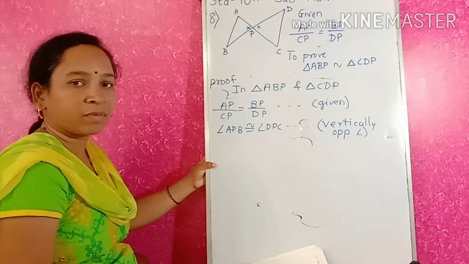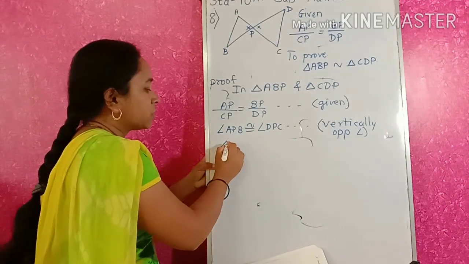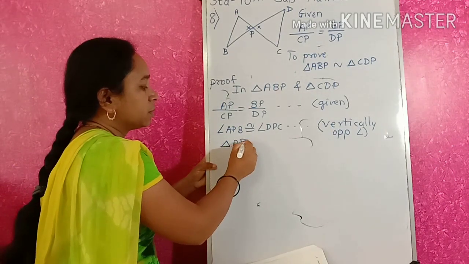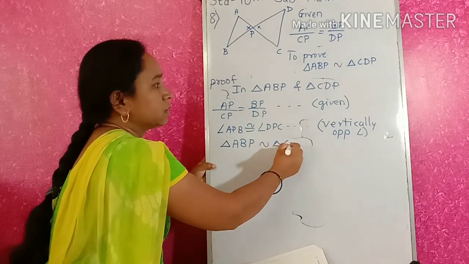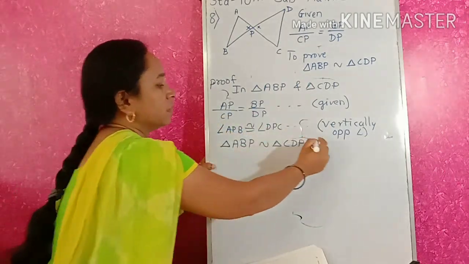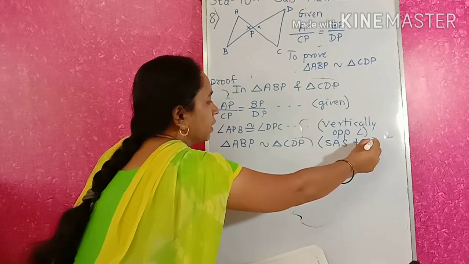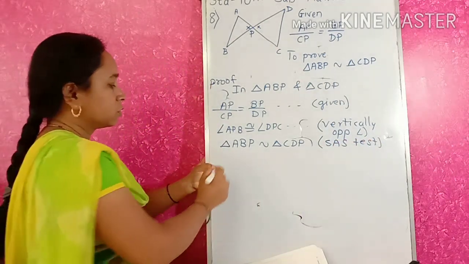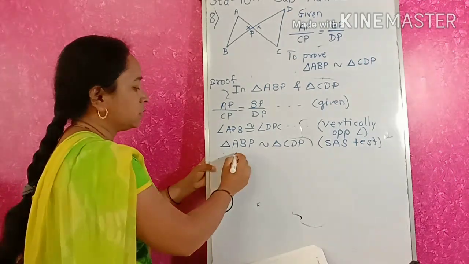Okay, I hope you have given the answers in the comment box. So by which test are these two triangles similar? Check your answer. Triangle ABP is similar with triangle CDP. Two sides are in proportion and one angle. That means here by SAS test of similarity. So therefore I have proved it. Hence it is proved.